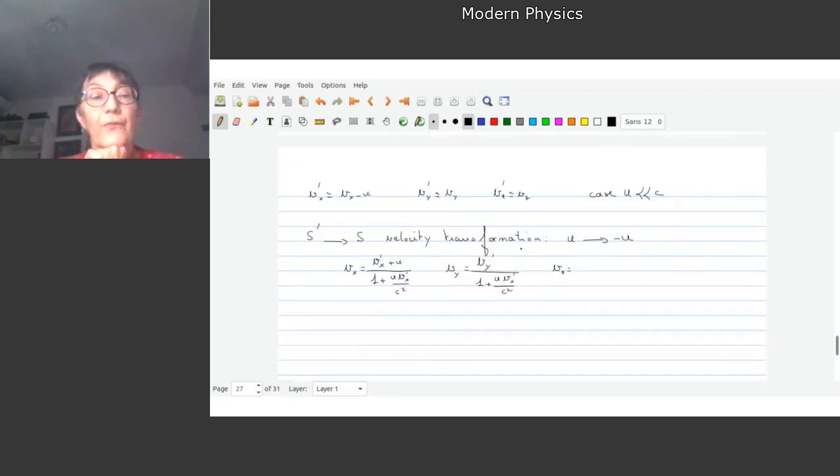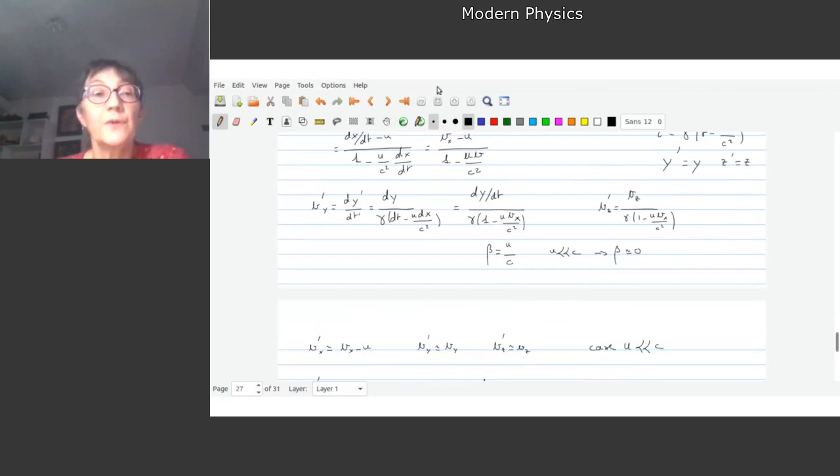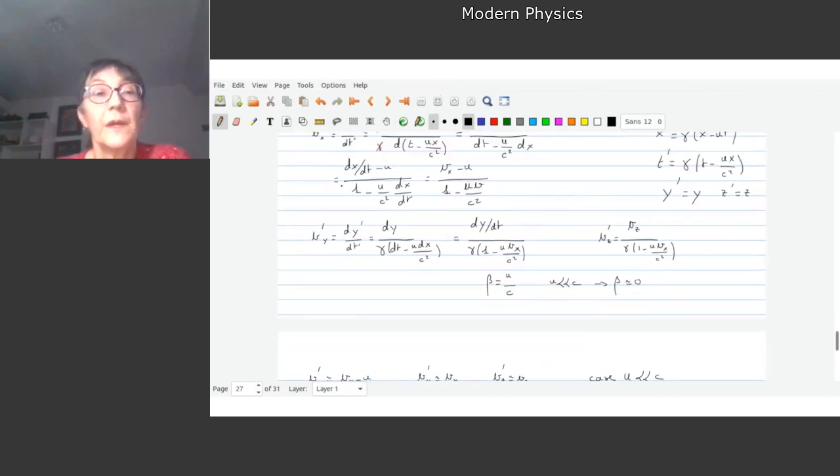I hope I have written it correctly. So you have the first one here, Vx prime as a function of Vx, and Vy prime as a function of Vx and Vy. What is this V here? It should be Vx here.